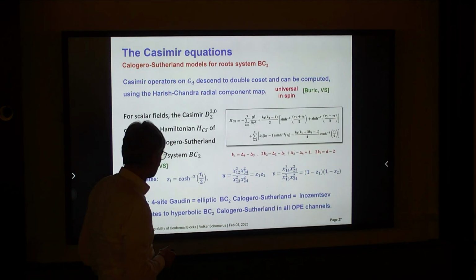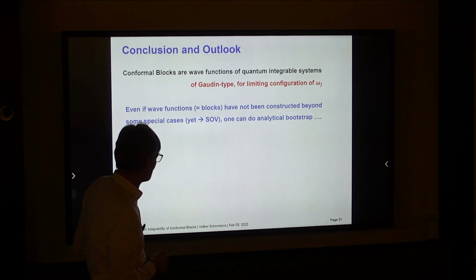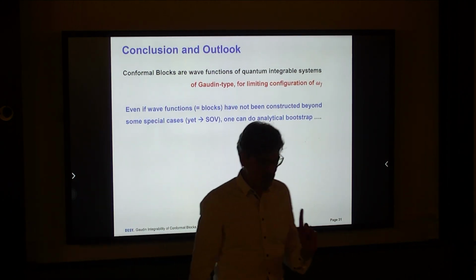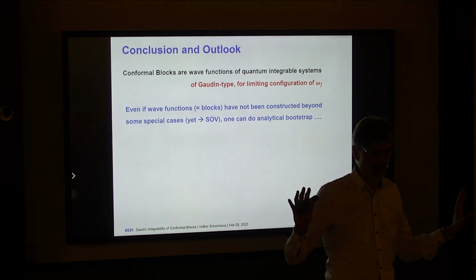So in fact there is separation of variables, and you can see it already, let's say in 1D. In the 1D problem, the separation of variables is known even for general Gaudin.